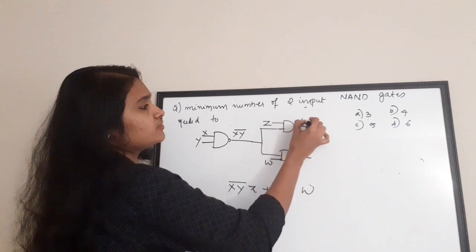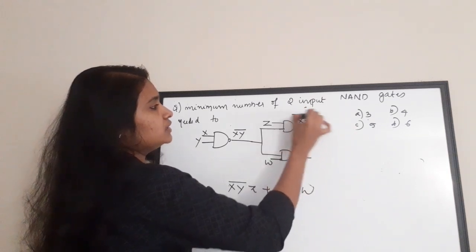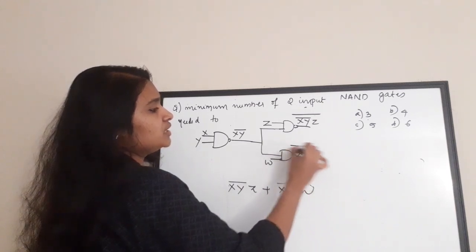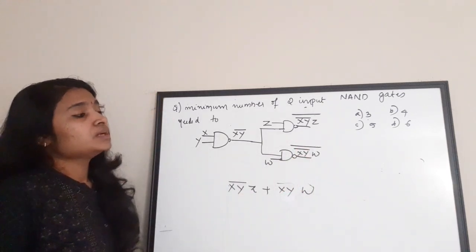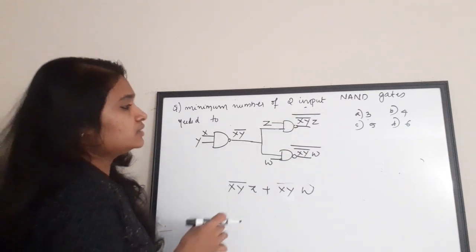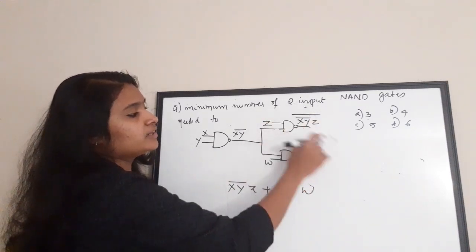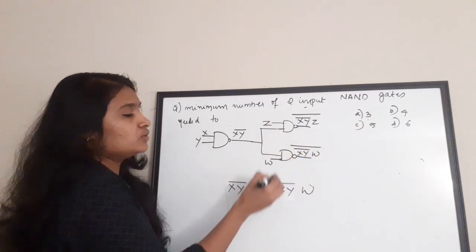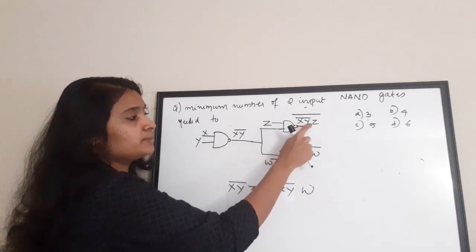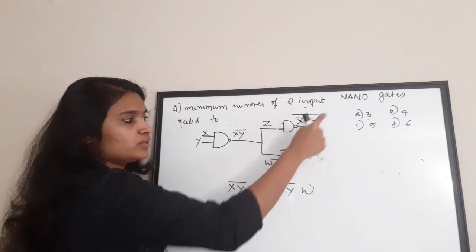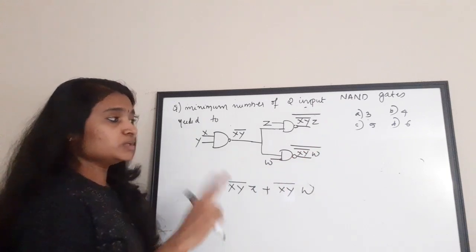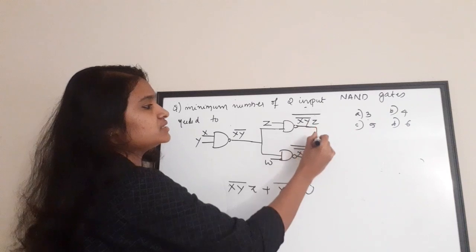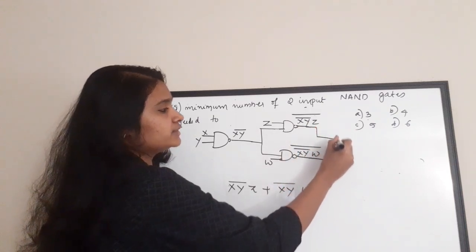Okay, so what will be the output? Here it is XY bar Z the whole bar and XY bar W the whole bar. Right. Now I have this term and I also have this term. Originally I need XY bar into Z. I don't need this complement. Here also I don't need this complement. So in order to remove that complement, I'm going to feed this to another NAND gate.